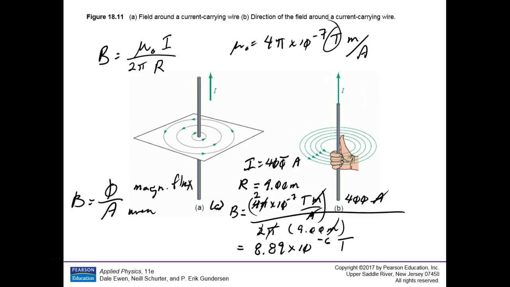Now the B part. I'm going to put it up here because I don't have room down there. The angle that the resultant vector, the Earth's field plus the wire's field, B sub E plus B, makes with B sub E would be the angular error.